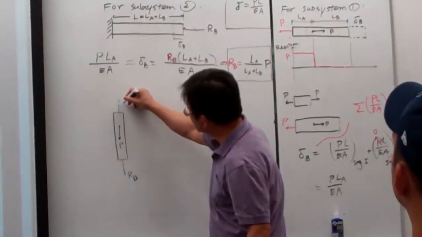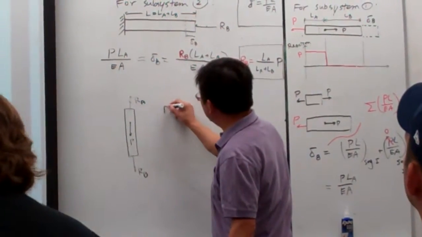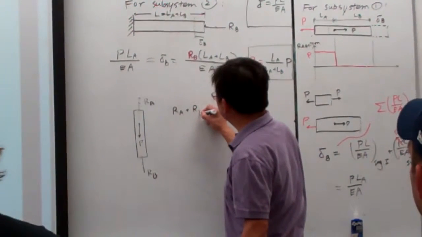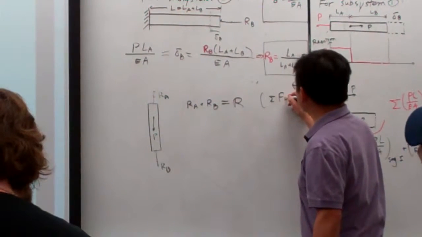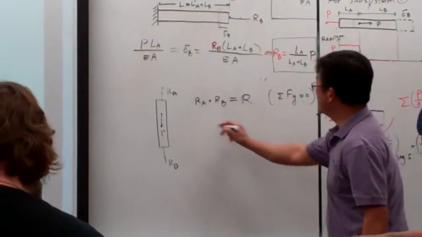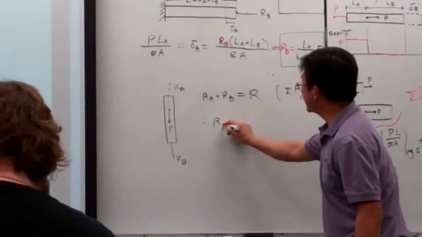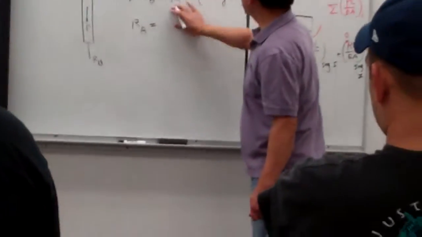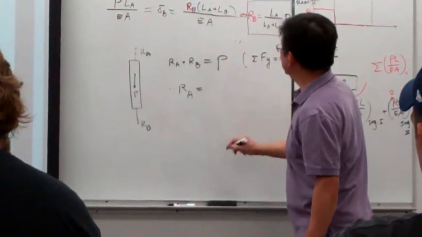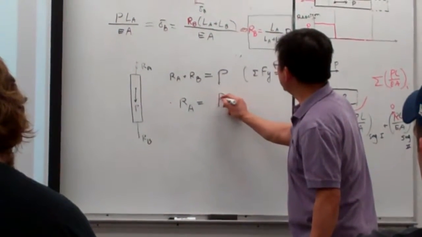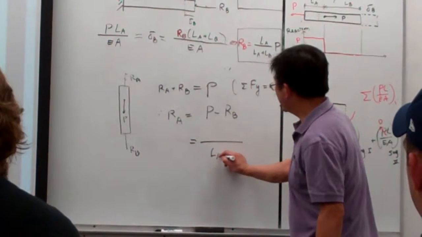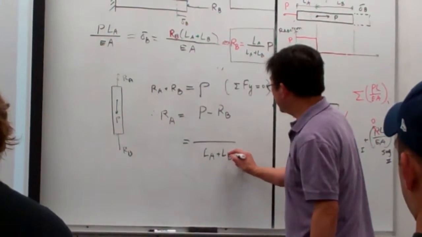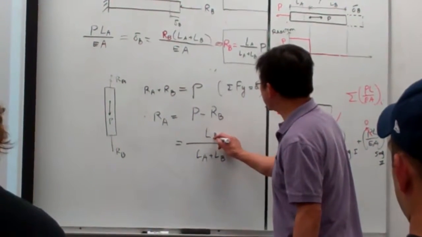The other side is RA. Therefore, RA plus RB by equilibrium equals P, taking the force equilibrium in one direction. So we can calculate RA equal to P minus RB, and that is equal to LB over LA plus LB, times P.